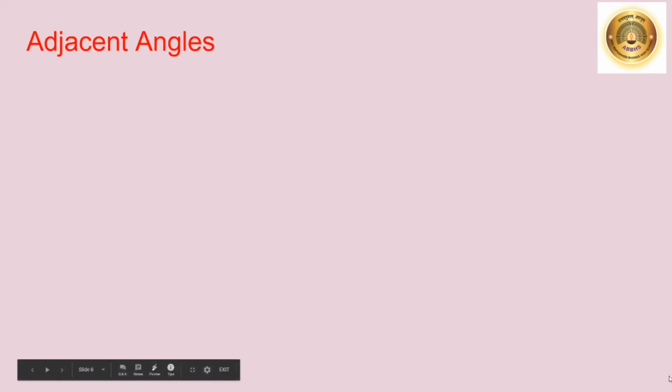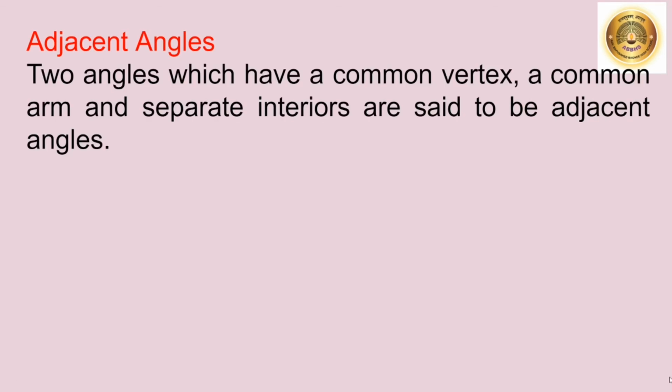Now we are studying pairs of angles. First let us consider the first pair of angles. They are adjacent angles. Now what are adjacent angles? Two angles which have a common vertex, a common arm and separate interiors are said to be adjacent angles.